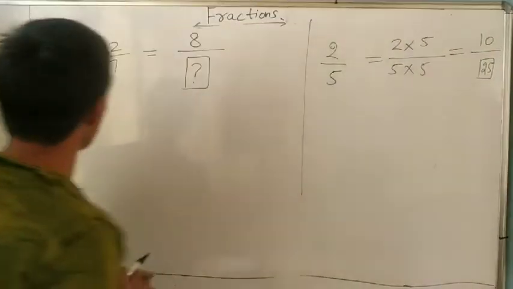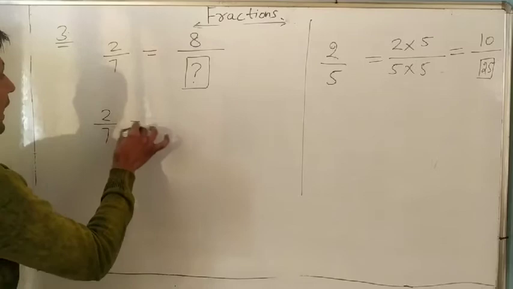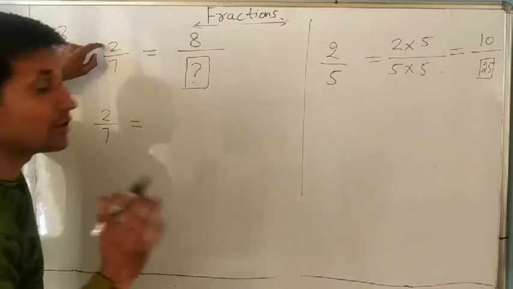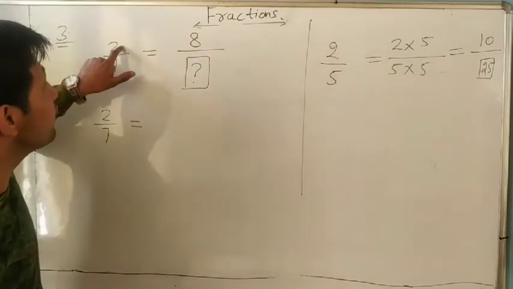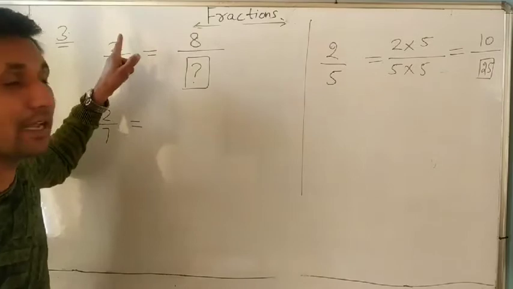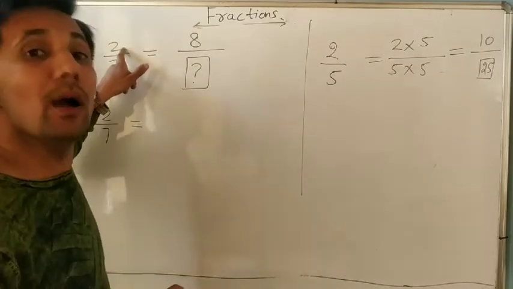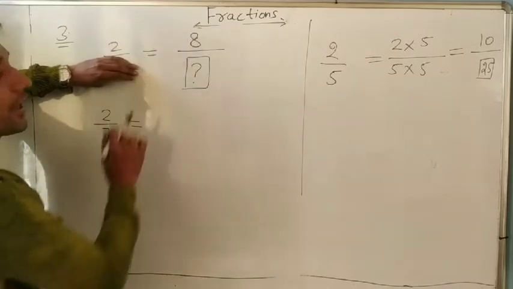Same as it is. Here, tell me 2 upon 7. What number will you think of? What number will you multiply or divide by? If we multiply, then we will get a greater number. Yes, because 8 is greater than 2. So you have to multiply. What number do you multiply by 2 to get 8?